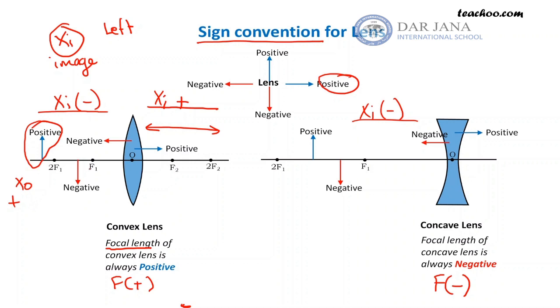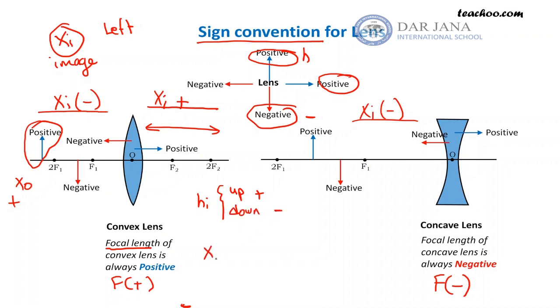Now the height. The height of the image, it can be up, positive. This is for h. And down is negative. So the height of the image, up is positive, down is negative.